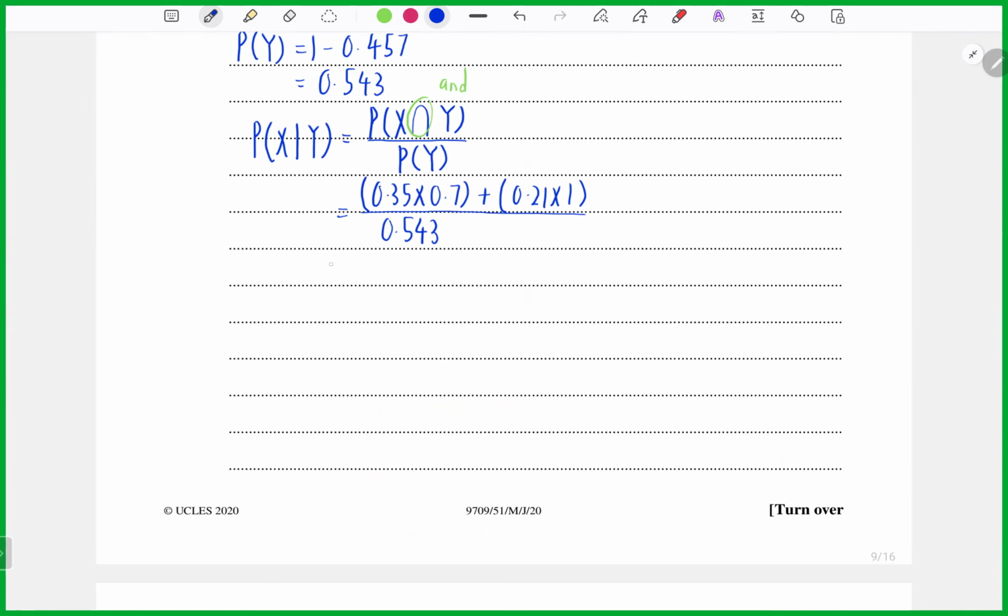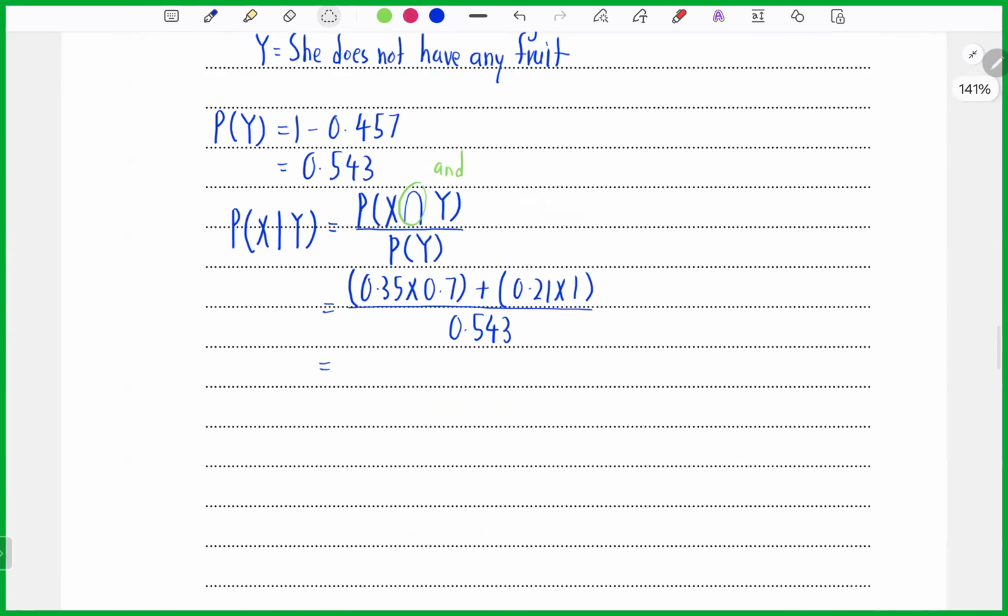Now you can use your calculator to find the final answer. So you will get the answer 0.838, or you can also write it in fractions, 455 over 553. So this is your answer here.